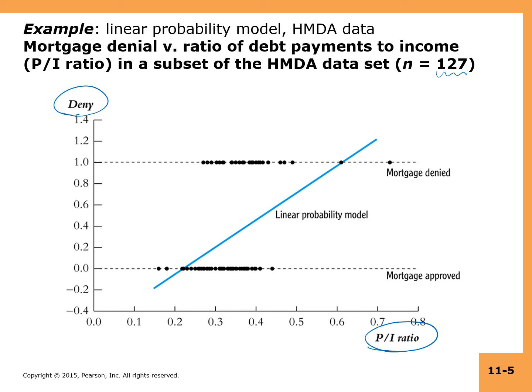One thing you notice in this graph is that, unlike other scatter plots we have seen, because the dependent variable is binary, all of the observations line up on the horizontal lines where y is equal to 0 or 1. y equal to 1 means that the mortgage was denied, and y equal to 0 means that the mortgage was approved.